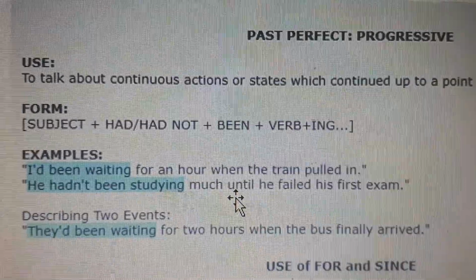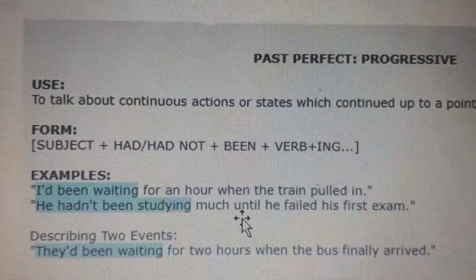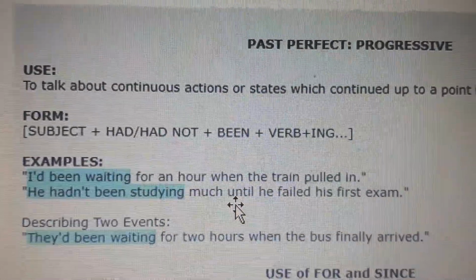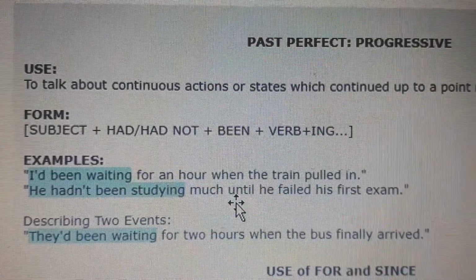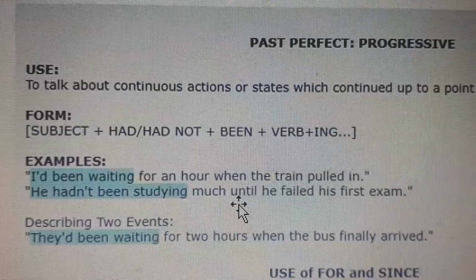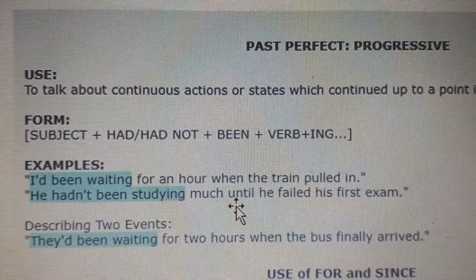Okay, so remember, we're going to use any pronoun, name, or subject, singular or plural, plus had or hadn't, plus been, and then the action with ing. Okay, and remember that had, you can use the contracted form by putting just apostrophe d.